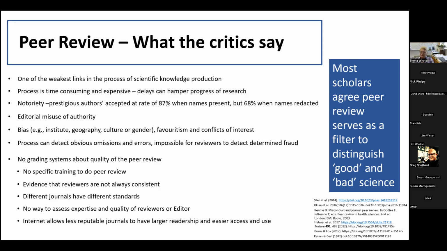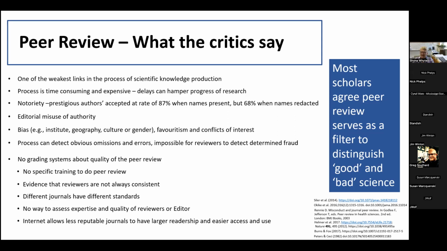Notoriety: there was a publication that indicated that prestigious authors are accepted at a rate of 87% when their names were present, but when the names were redacted, this percentage dropped to 68%. There could be editorial misuse of authority, so that the editor can interfere in the process, slow it down or speed it up through favoritism or for other reasons.